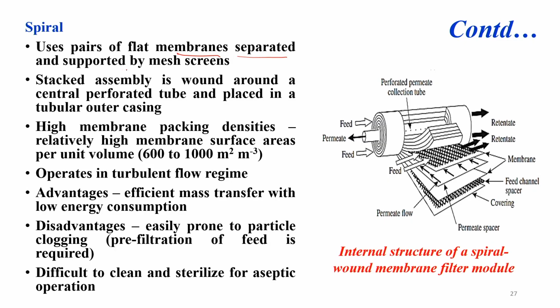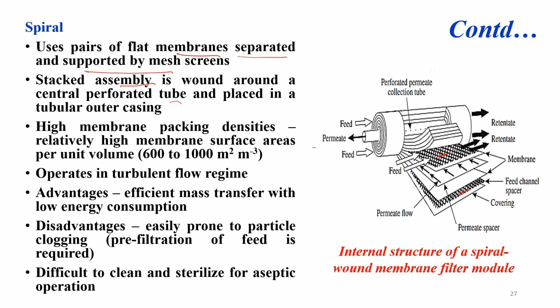The next membrane is the spiral membrane. It simply is a pair of flat membranes separated and supported by the mesh screen. So, you can see the mesh screen here. The membranes are separated by the mesh screen, and their stack assembly is wound around a central perforated tube.